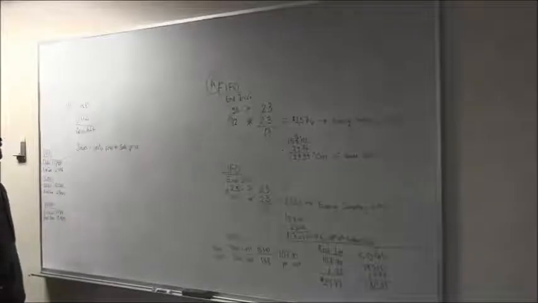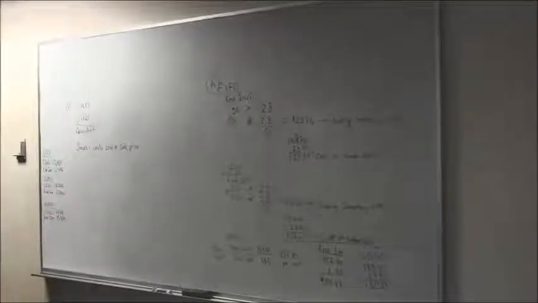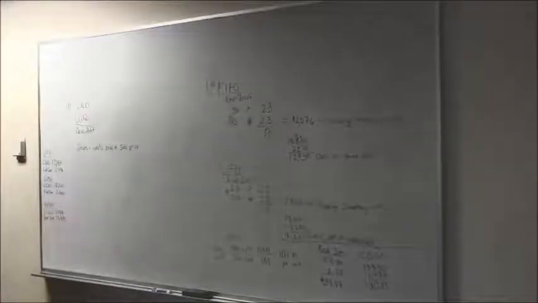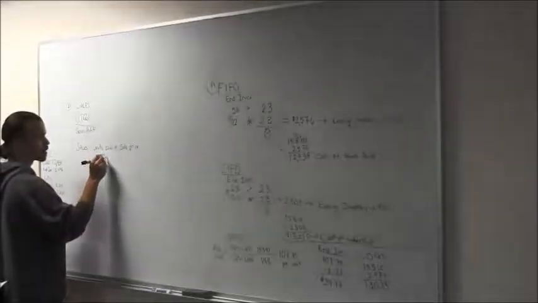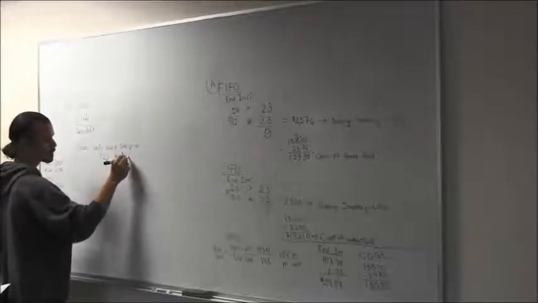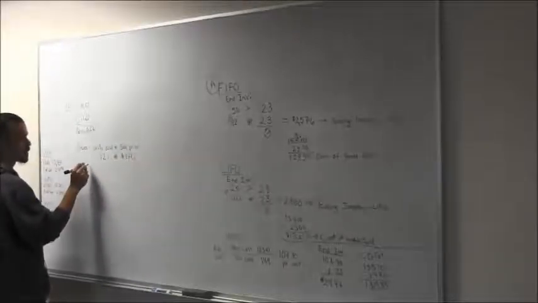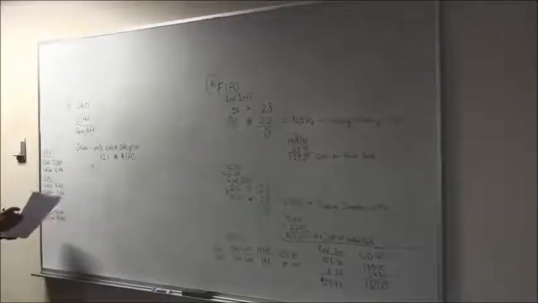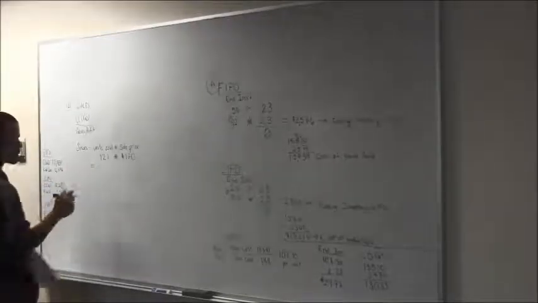This is where we distinguish between the price that we sell it for and the cost that we paid for it. So how many units did we sell? 121. And how much did we sell them for? $170 per unit. So you do 170 times 121, and we end up with 20,570.